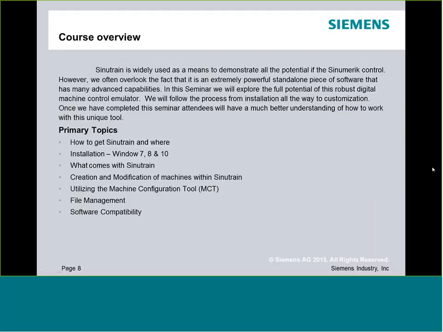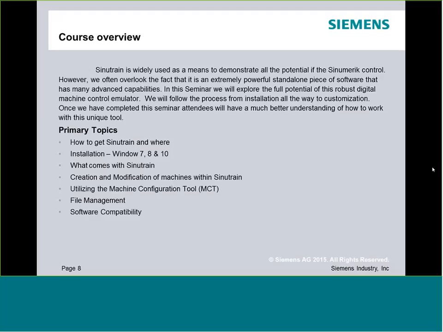So our course overview, which I'm sure a lot of you saw when the promotion came through for this webinar. The concept here is I've been using Sinutrain all the while in all of these webinars to mimic a machine, but we tend to jump over all of the nuances of Sinutrain and what it is as a standalone package, as a machine emulator, and all its capabilities. So we're going to talk about a bunch of different things.